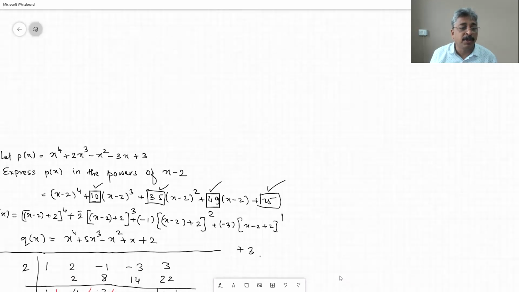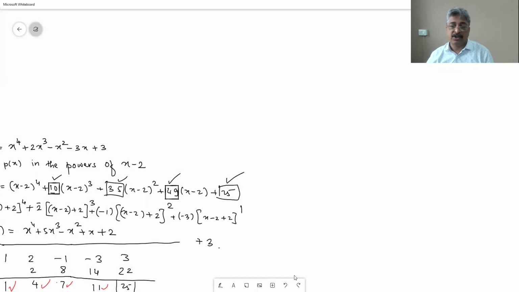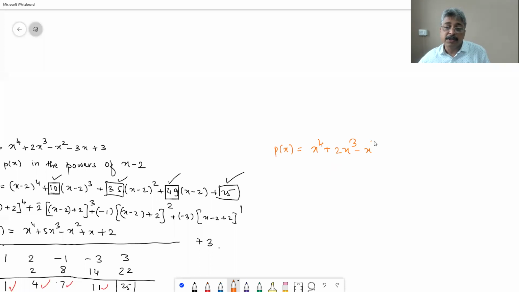Okay, my polynomial is p of x is equal to x raised to 4 plus 2x cube minus x square minus 3x plus 3. Okay, and now we know what is p of 2.